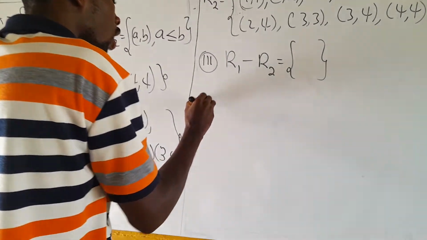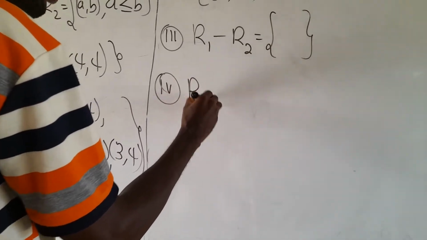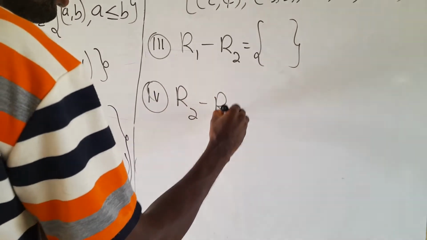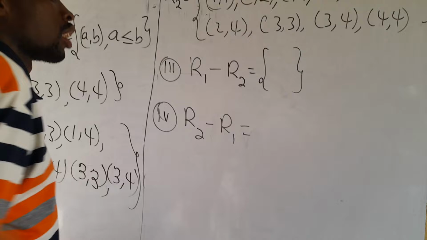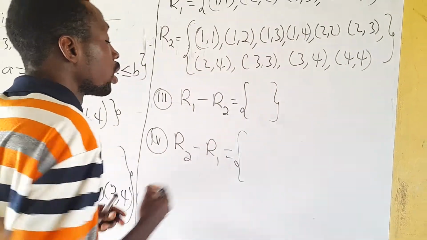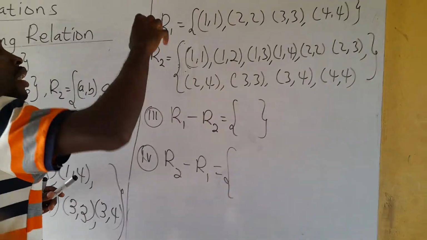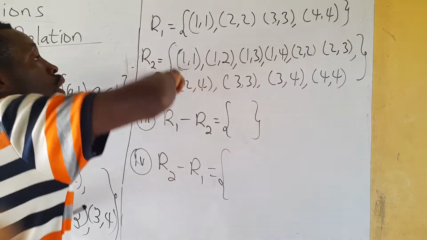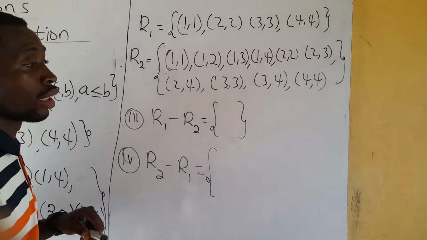Then the fourth one, R2 minus R1, or R2 difference R1. So how do we do that? That's the elements that are in R2 but are not found in R1.